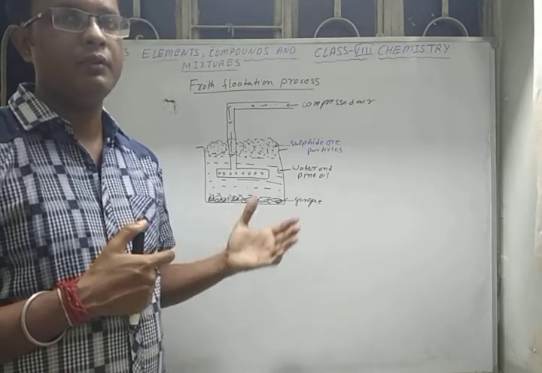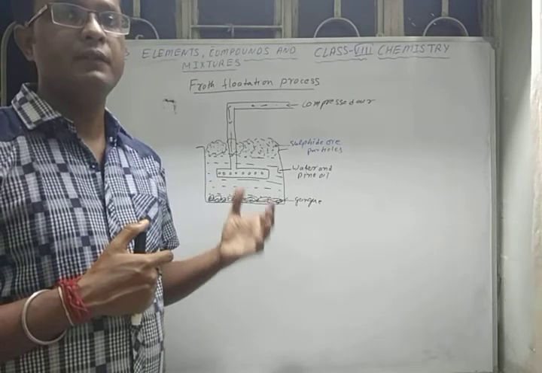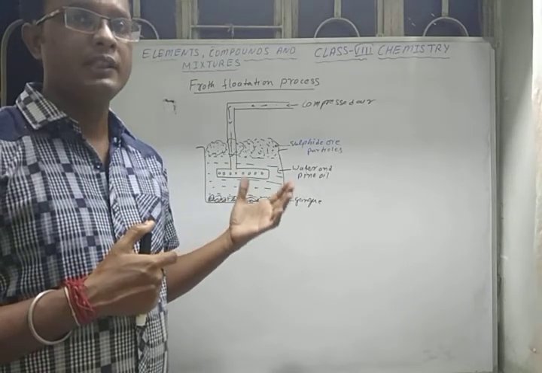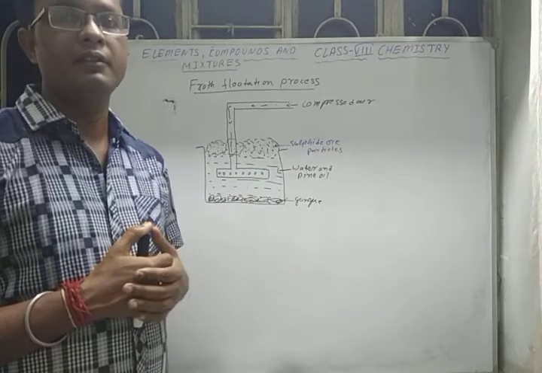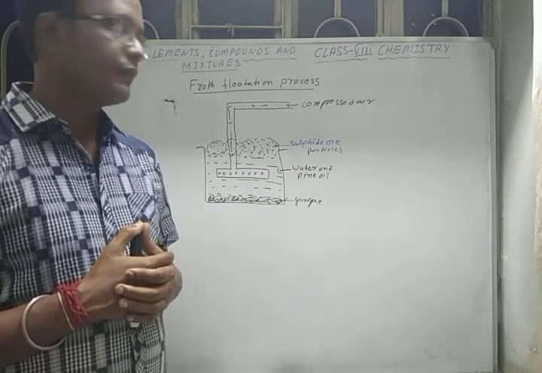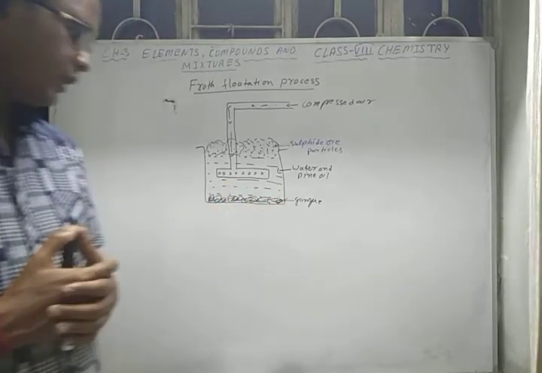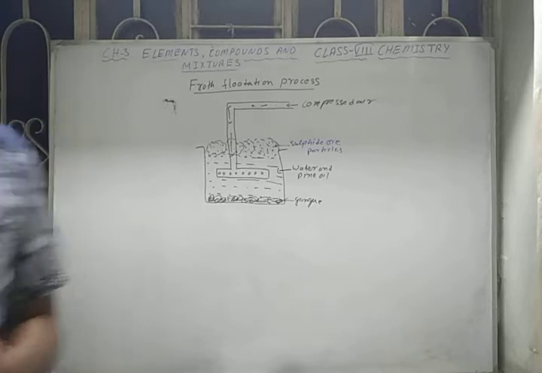And one thing you have to keep in mind is that the froth flotation process is only for sulfide ores like zinc blende and galena, that is lead sulfide, etc. Hope you have understood this.